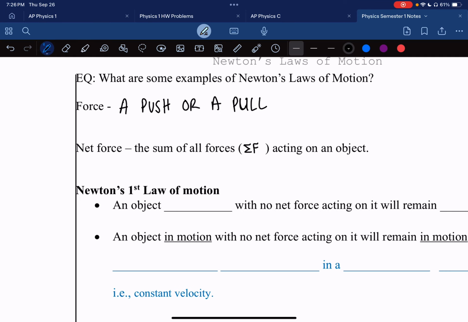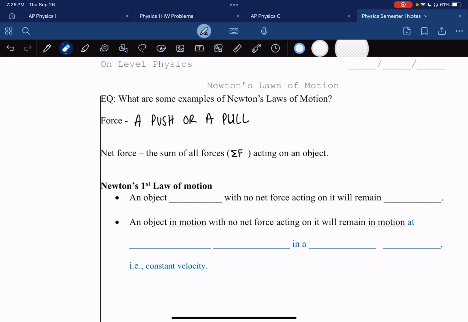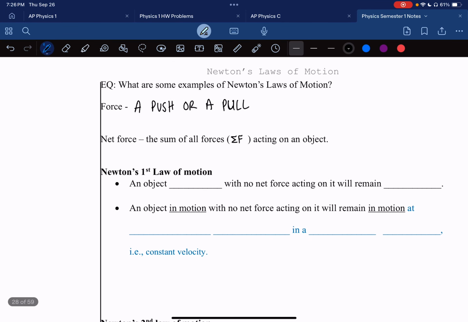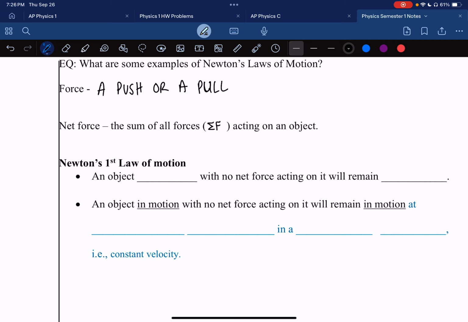Cool. So let's talk about Newton's laws. Newton stated an object at rest with no net force acting on it. So again, just imagine a block and there's no net force. That could be like 10 and 10 pushing against each other, or it could just be a block with literally no forces on it.